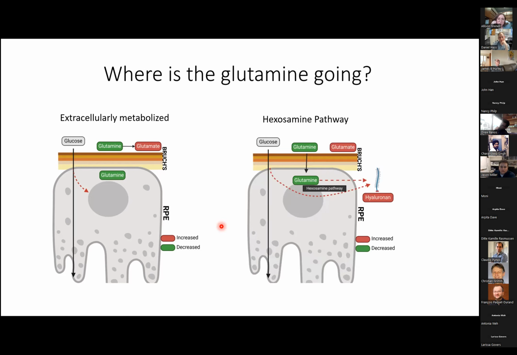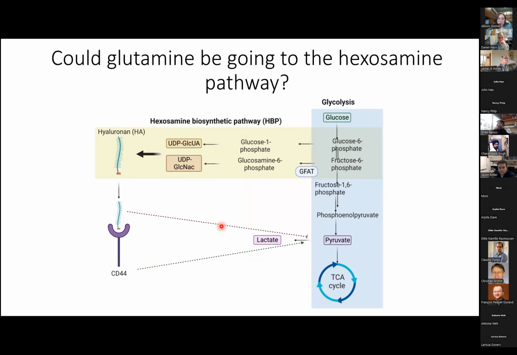The other thing I've been wondering is if it could possibly be being used by the hexosamine pathway. The hexosamine pathway utilizes both glucose and glutamine in order to generate hyaluronan and protein glycosylation. So here's just a graphic of how that is.